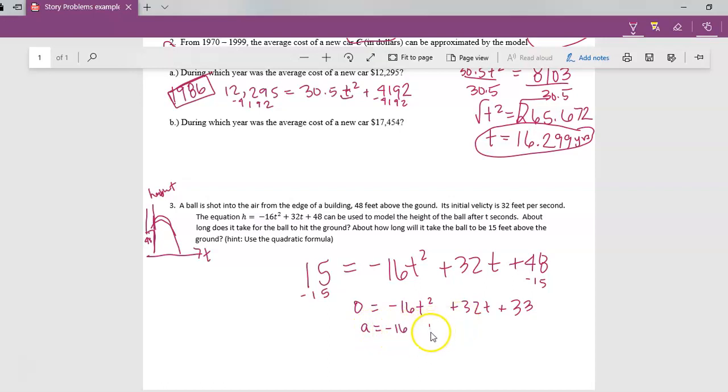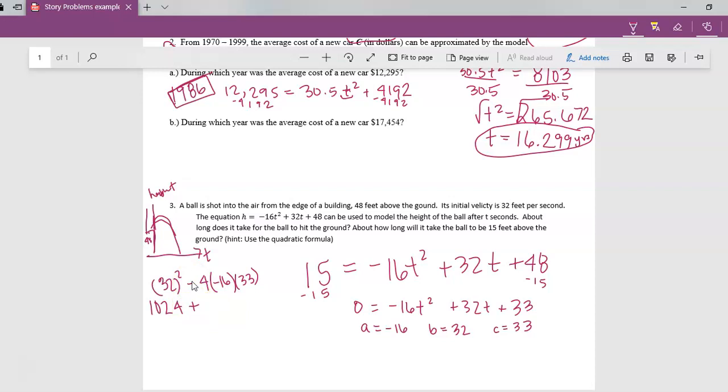So A is -16, B is 32, and C is 33. So remember, first find the discriminant, which would be B squared minus 4 times A times C. So let's go ahead. I'm just going to put that in my calculator really quickly. 32 times 32 is 1024. Here I've got a negative times a negative, so it's going to end up being plus.